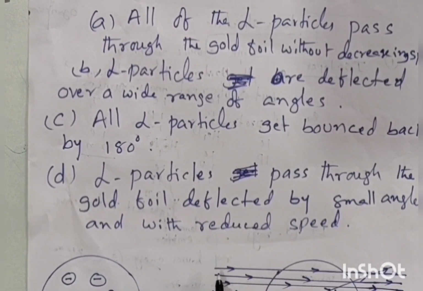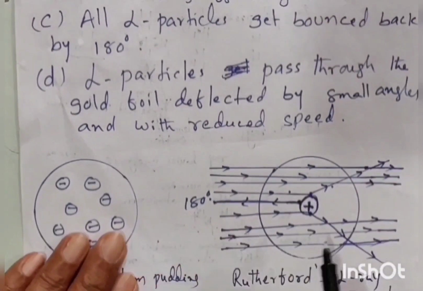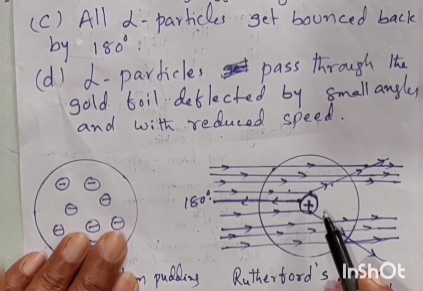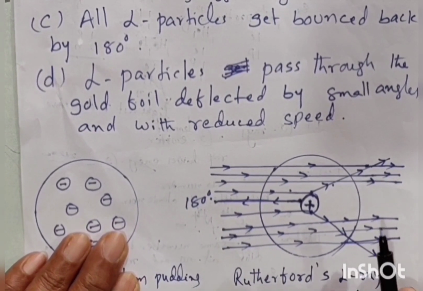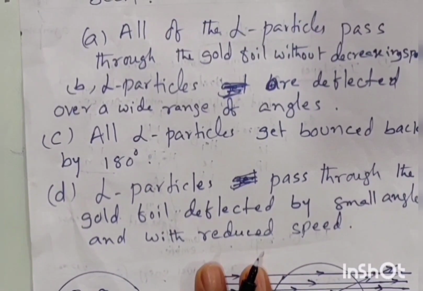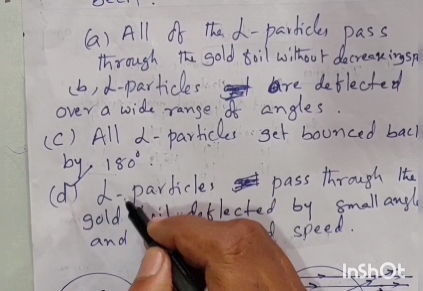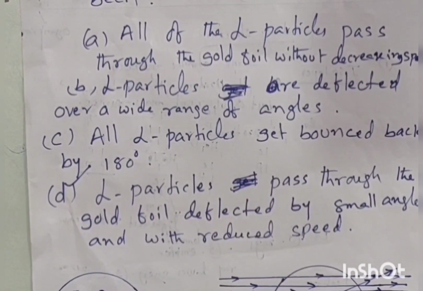Yes, because alpha particles are positively charged and the mass is also positively charged, they are deflected by small angles, and the speed is also reduced. That's why option D is the correct option. You have to analyze the options like this.